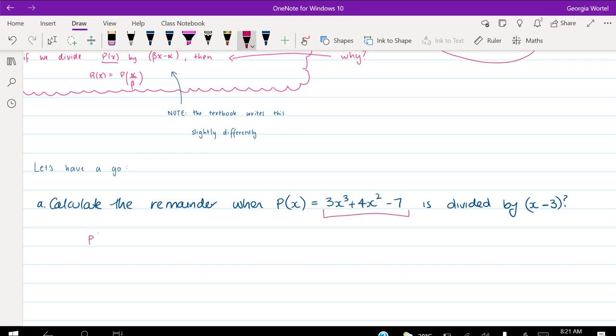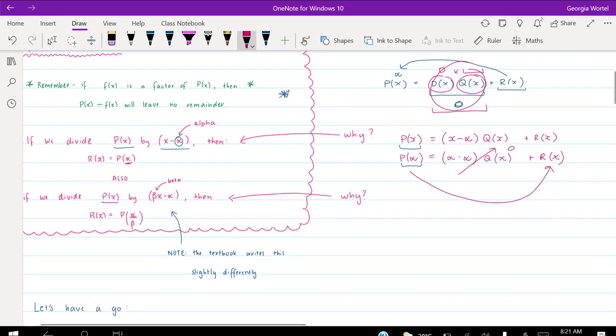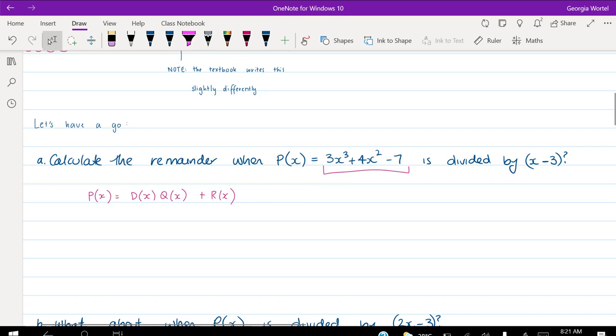So we could rewrite that as P of x. We know it's our divisor, times our quotient, plus our remainder. The theorem tells us if we divide P of x by x minus alpha, then our remainder is equal to P of alpha.